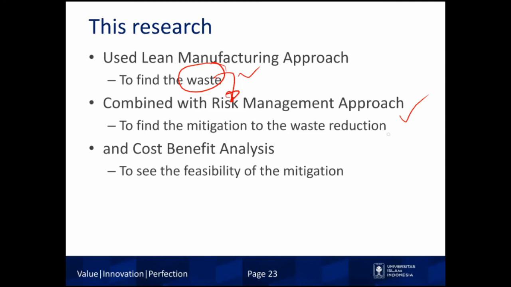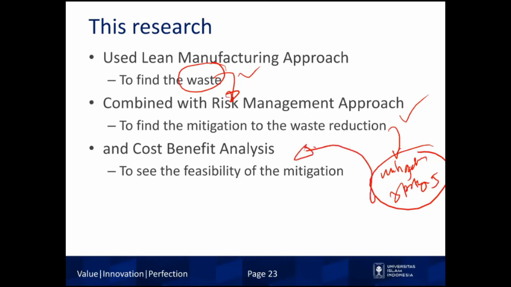The result of this process is actually some mitigation strategies. And then the mitigation strategies need to be analyzed. Is it feasible or not? Because we need to compare the consequences with the cost of the mitigation strategies.